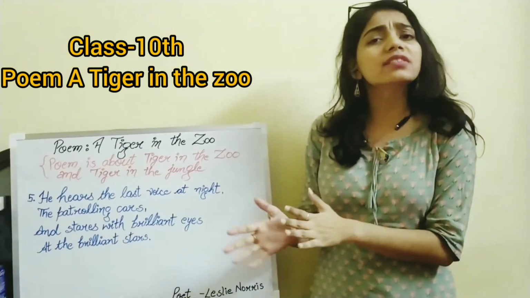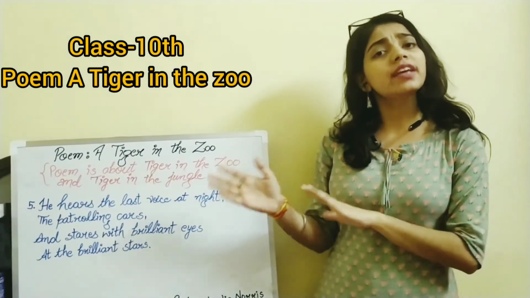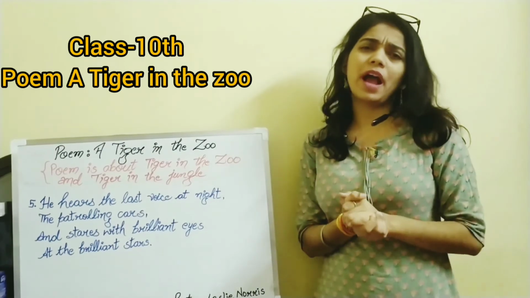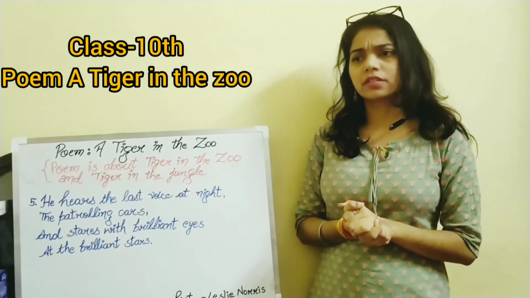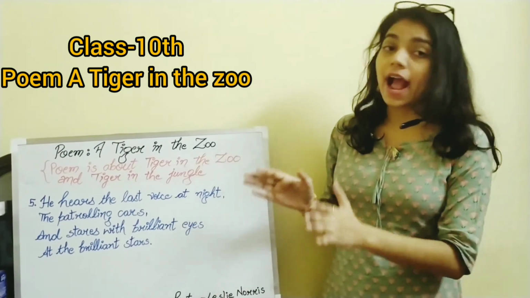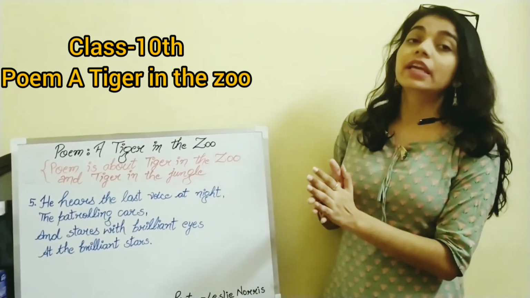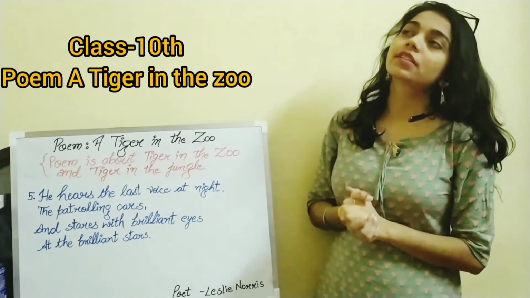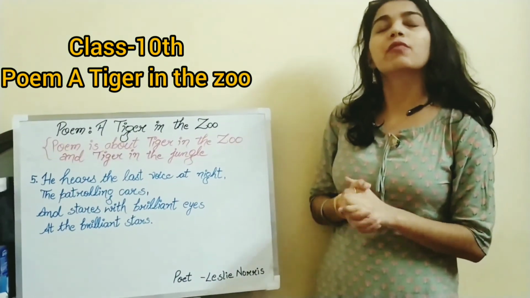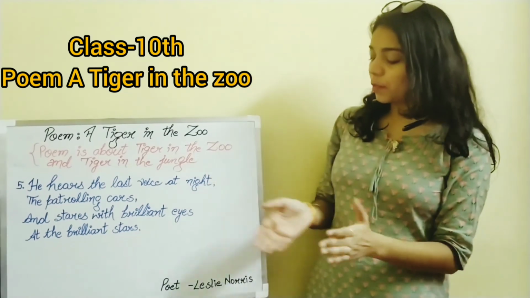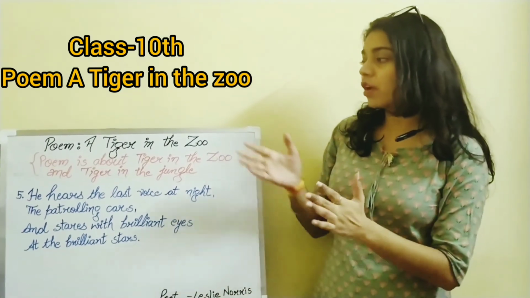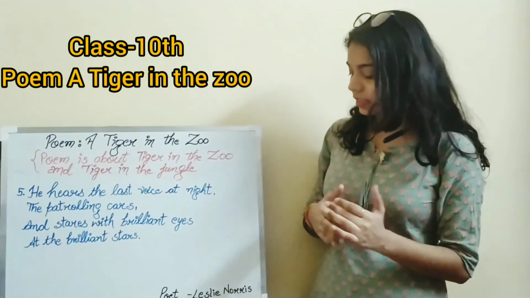The patrolling cars are the cars which guard the animals, or you may have even heard the sound of these patrolling cars at night. And what he does is he sees the twinkling stars in the sky with his shiny eyes. So this was all of the poem, The Tiger in the Zoo.